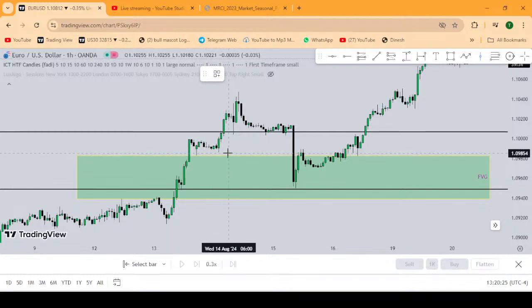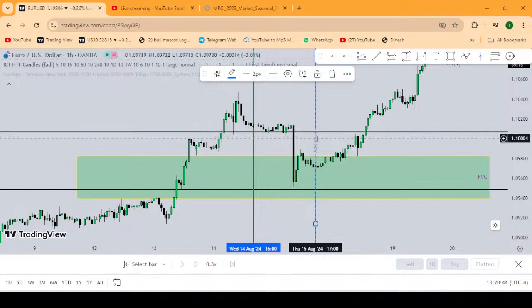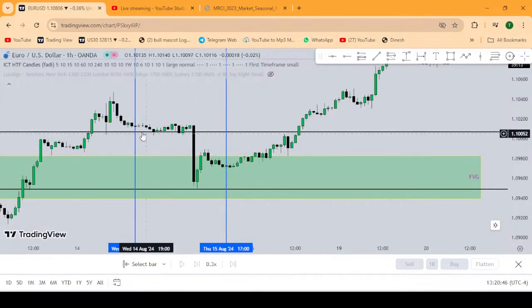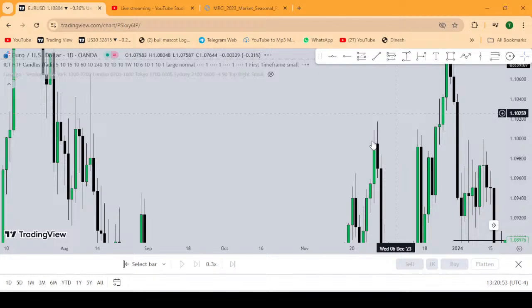The candles begin at 1700 hours. That one you can confirm if you're using the tool. 17 is here, and then it closed also at the next hour, which is around 17. So between this and this is that particular day when we had that reaction on the order block. I can go back this side.